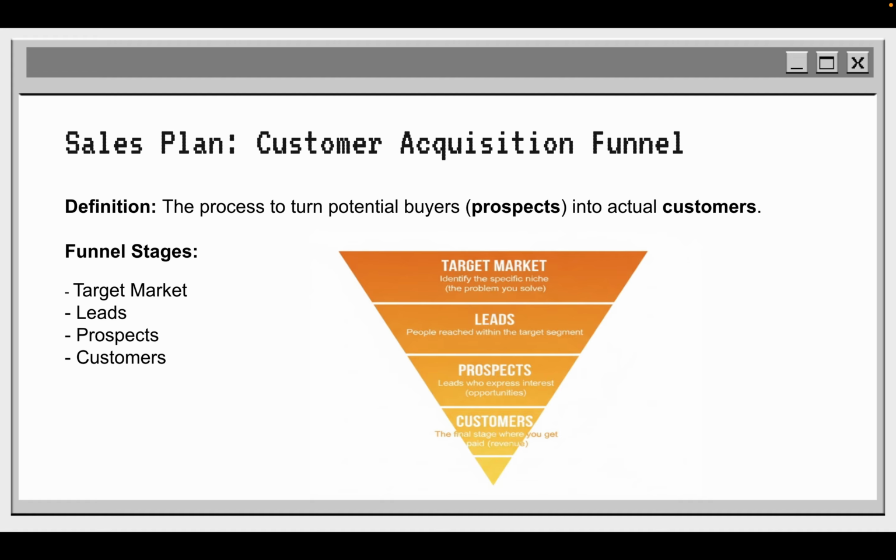Now this funnel contains several stages like target market, leads, prospects, and customers. By target market, we mean how many people have the problem that we want to solve. Leads are a subsection of the target market that is in our reach.